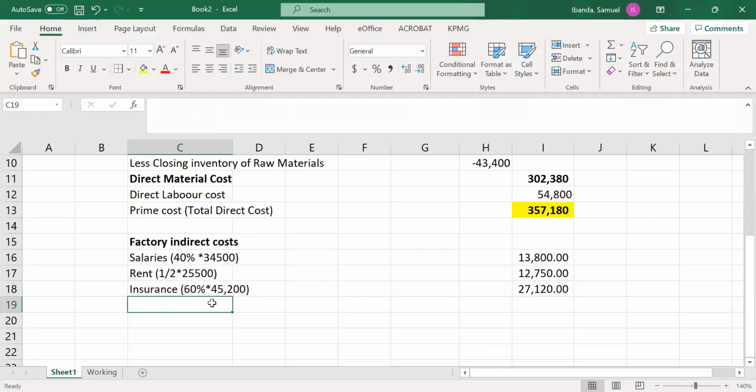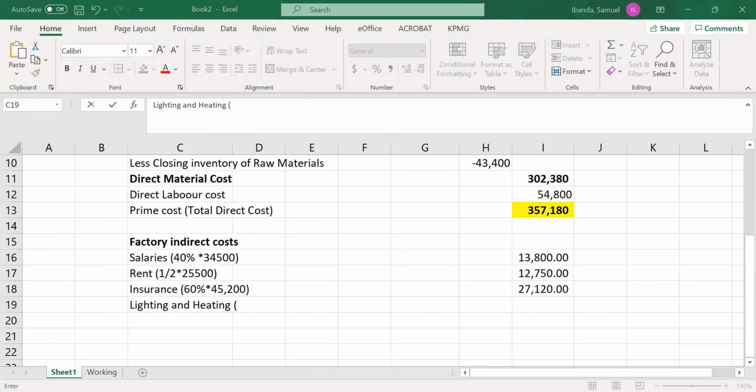So this is lighting and heating. And they have told us that this is 70%. It's 70% times the figure that we have, which I think was 18,500.